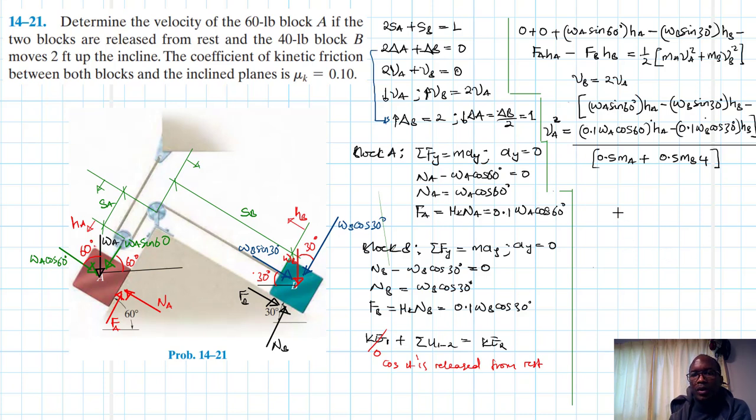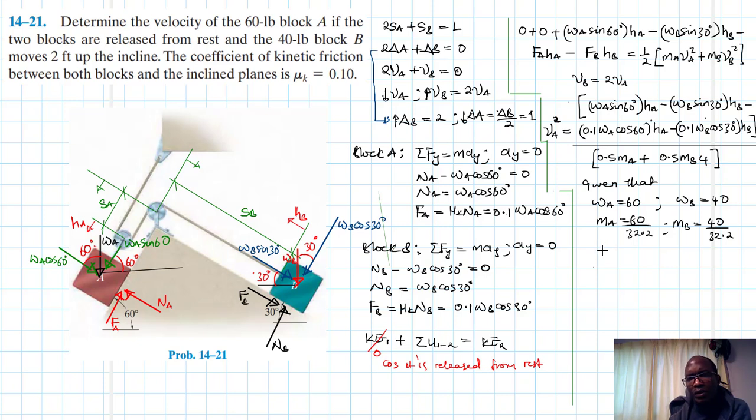Okay, so given that WA is equal to 60 pounds and WB is equal to 40, MA is equal to 60 over 32.2, and MB is equal to 40 divided by 32.2.